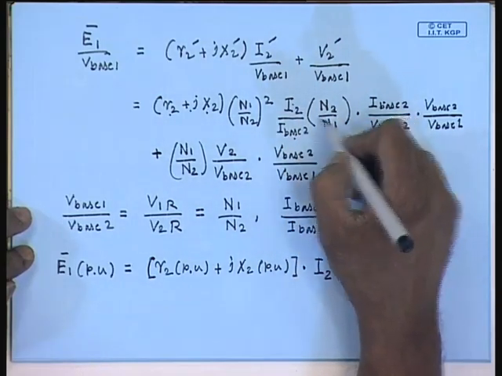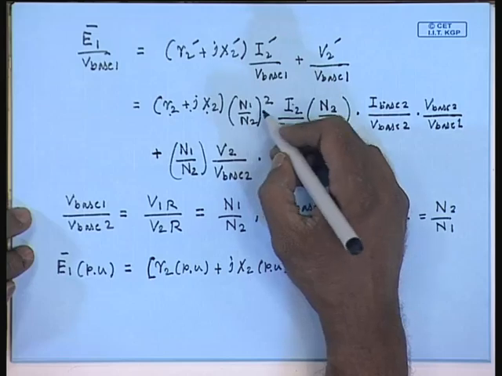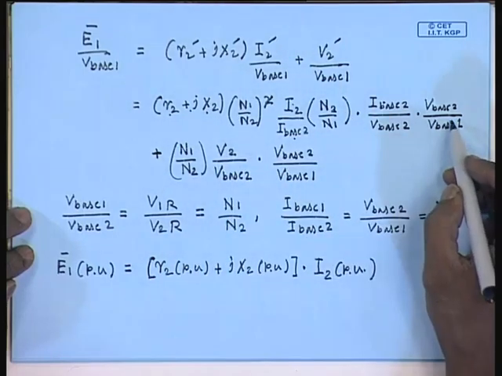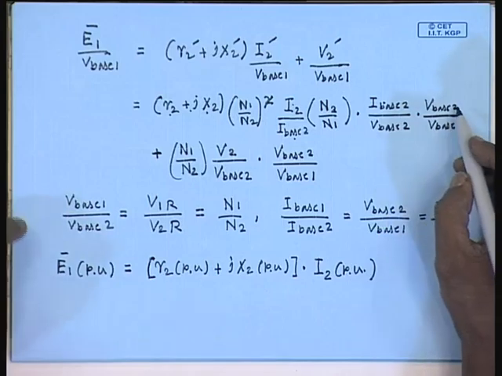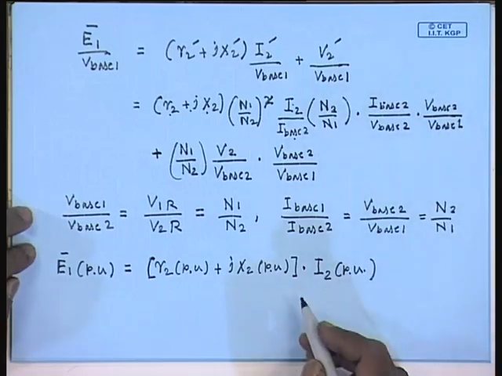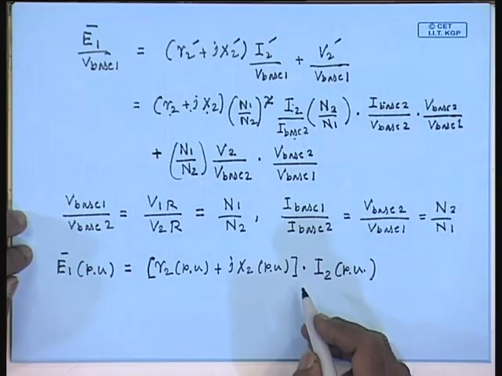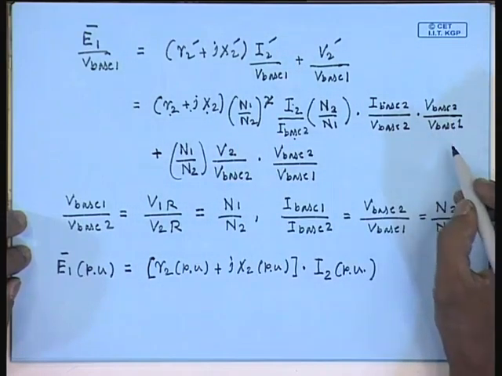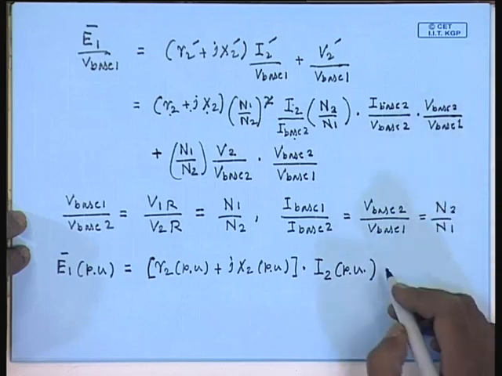N2 by N1 cancels with one of N1 by N2 square. So, this becomes N1 by N2 into V base 2 by V base 1, which is 1.